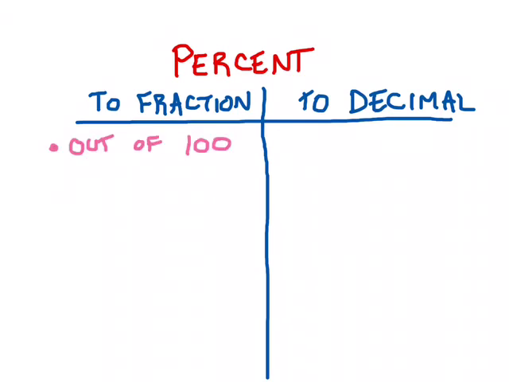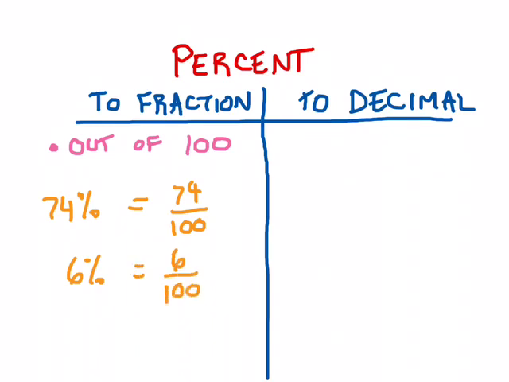So if I want to know what 74% is as a fraction, I can just say, well, that's 74 out of 100. If I want to know what 6% is as a fraction, again, it's just 6 out of 100. So recognizing that a percent is always out of 100 is going to make your life really easy, particularly on this one.